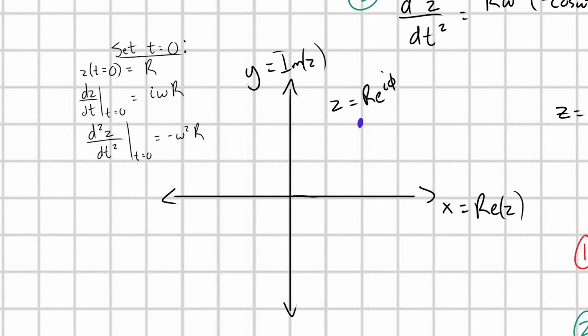And let's go ahead and clear the board. Now we're going to start with our little recipe here. So, z at t equals 0. The initial position of my particle is at r. And r, of course, is purely in the x direction, because it's just a real number. So we're at some location r.